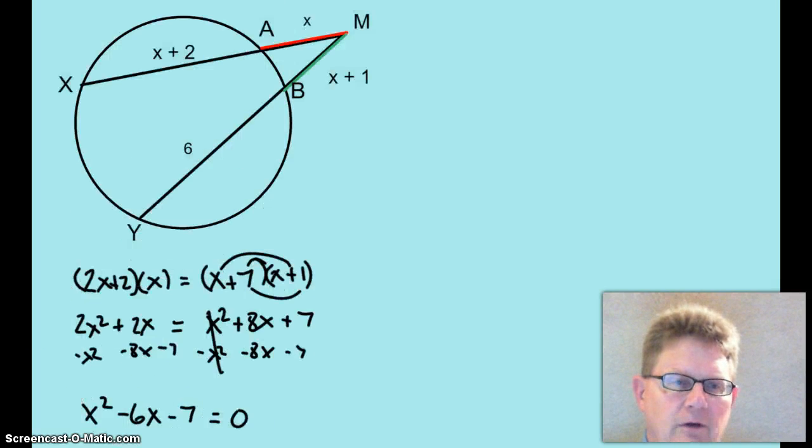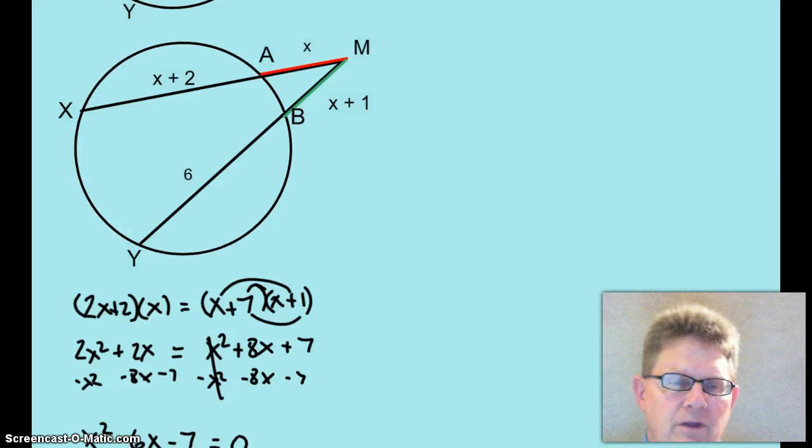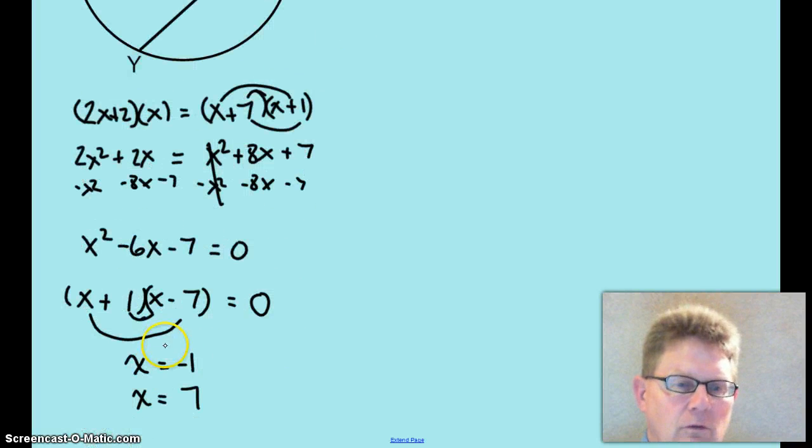If I go back and look at the picture, I don't think x could be a negative 1, because that would make this outside segment 0, which would not be good at all. So we'll reject x equals negative 1, and x will have to equal 7.